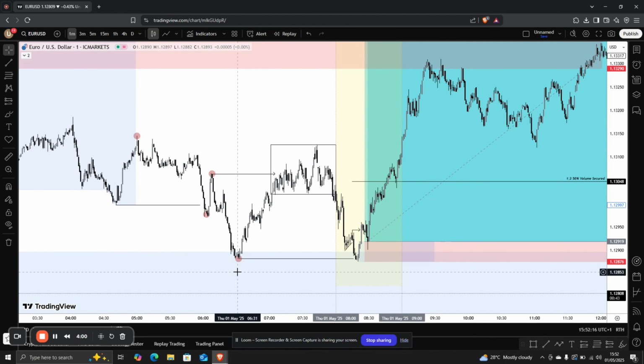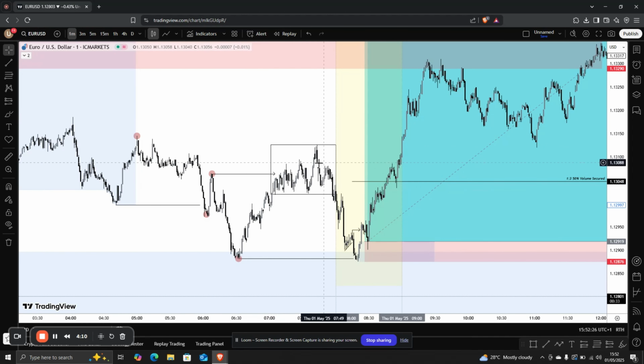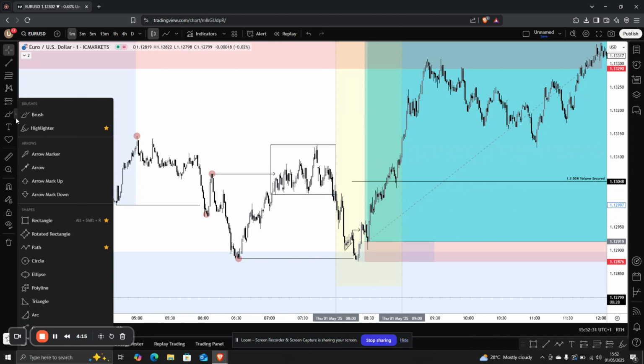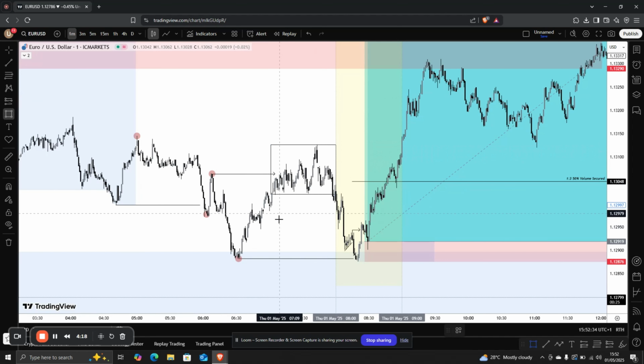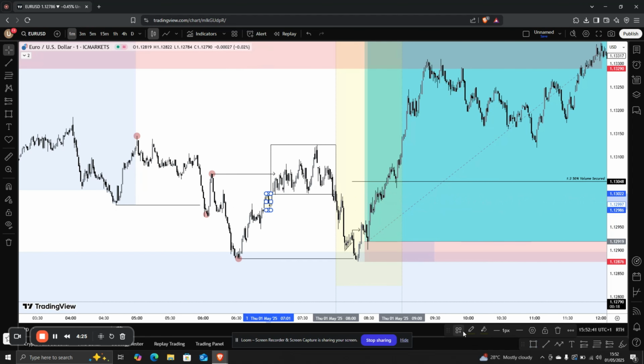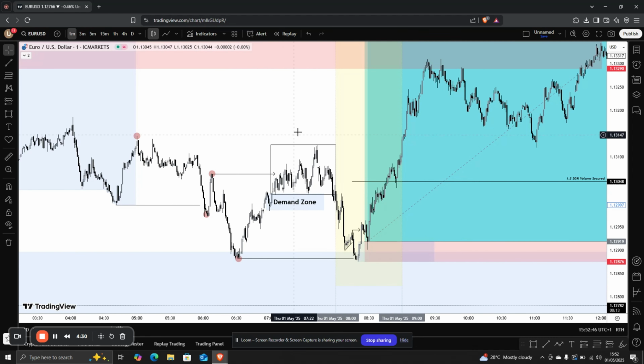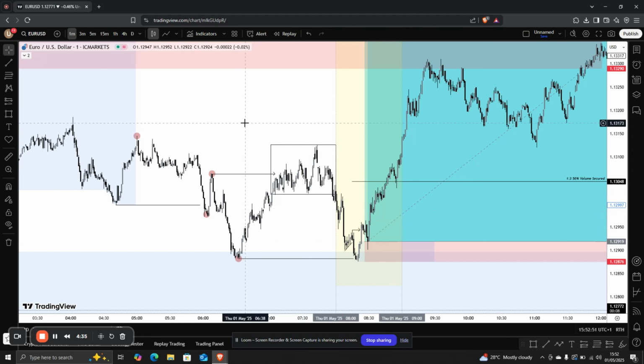Obviously this was at 6:30, so I wouldn't have been trading at this time, but this is a break of structure here. So again, smart money traders could have potentially been looking for buy opportunities. Personally, I don't see anything clean here to enter off, but maybe they might have entered here. Let me quickly make that demand. They could have potentially entered off this zone or whatever, I don't know. But personally, it wasn't clean to me anyways.